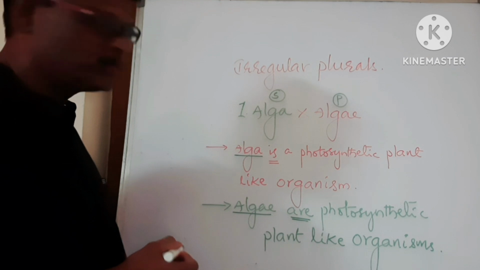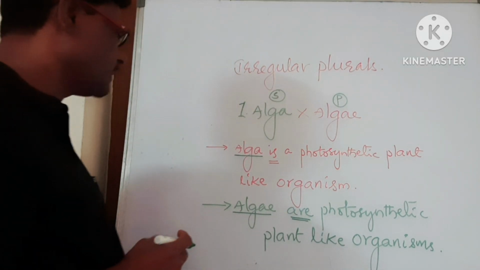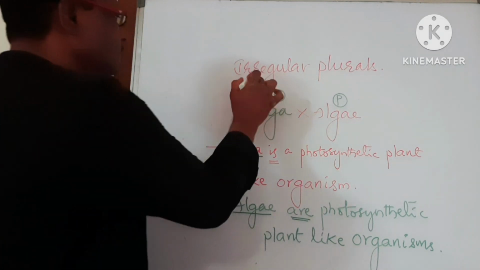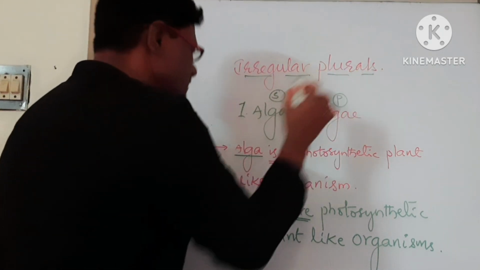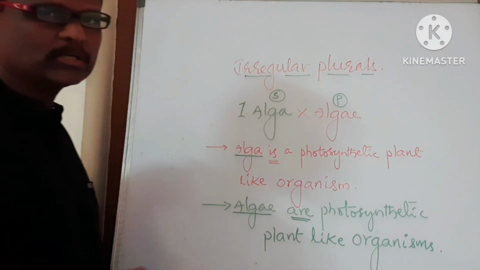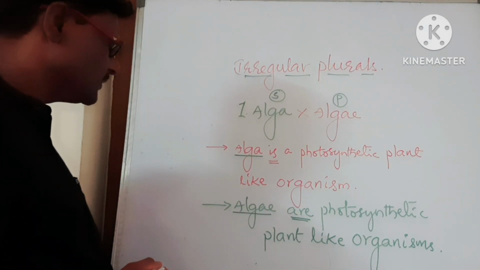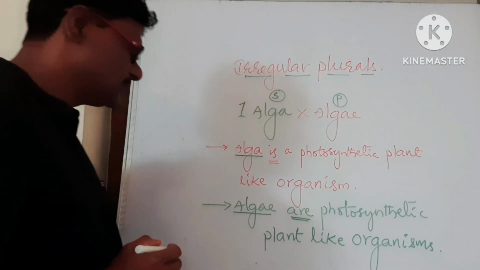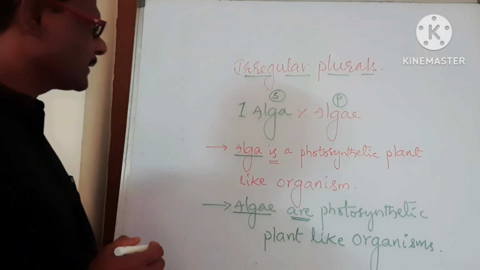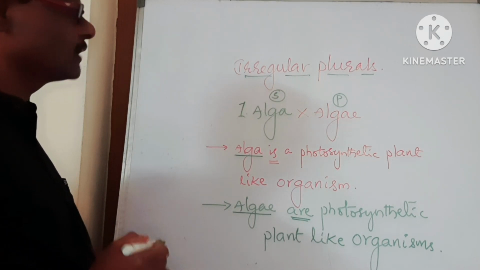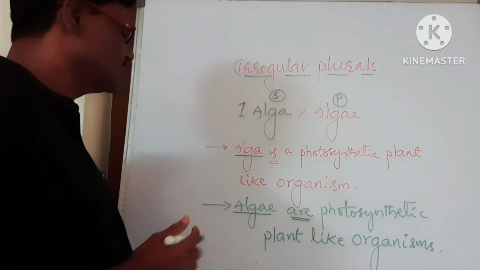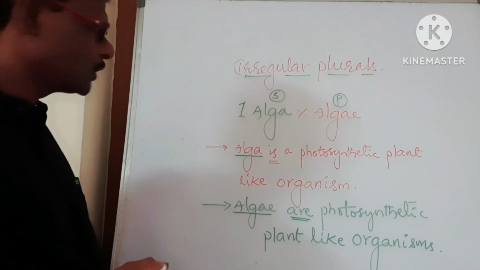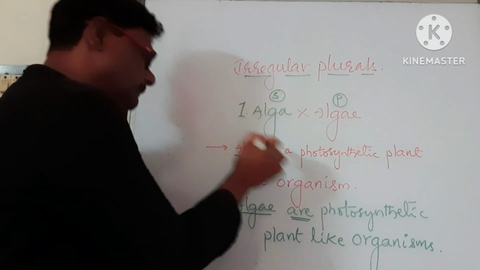In general singular and plural, students should definitely give a perfect helping verb, whereas in irregular plurals the usage of helping verbs is somewhat disturbed by the students also. They are unable to give perfect helping verbs. That's why, by regular practice of irregular plurals, you can easily identify whether it is singular or plural and go for the perfect helping verb.